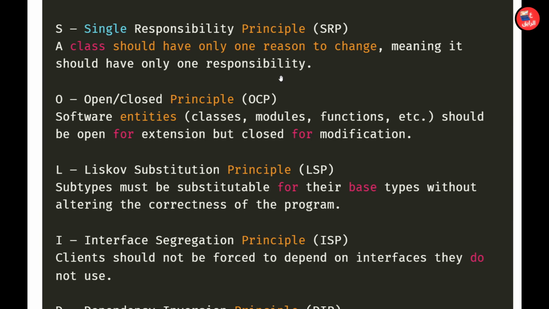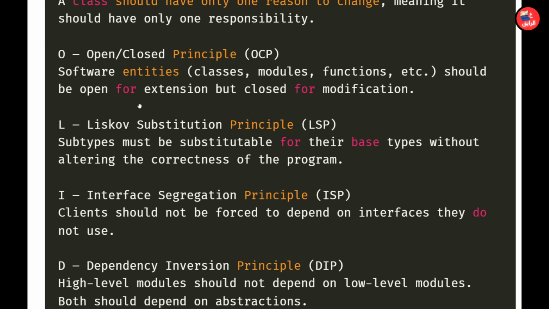That doesn't mean you make only one function inside the class, but it means you put things related to each other in this class. You can make whatever functions you need, okay? But all those functions are related to the class name, okay? Or the responsibility of the class. Don't put a different responsibility in the same class.